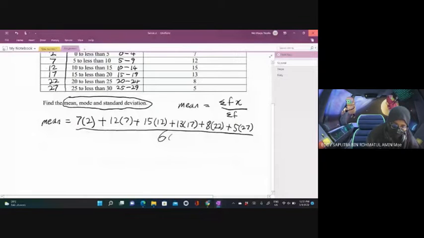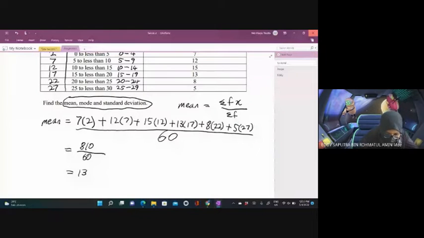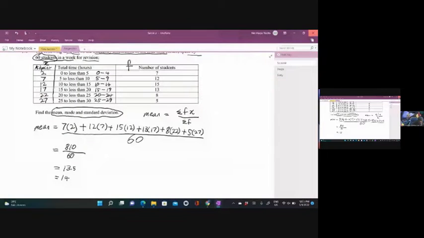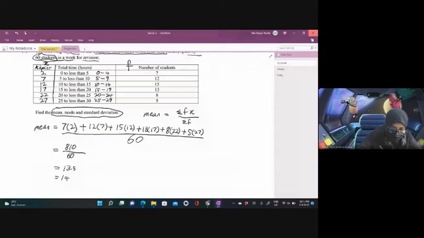We get 810 over 60, which gives us 13.5, which we need to round up to get a whole number. So we get 14. Yes, this is the answer for the mean of the data given.